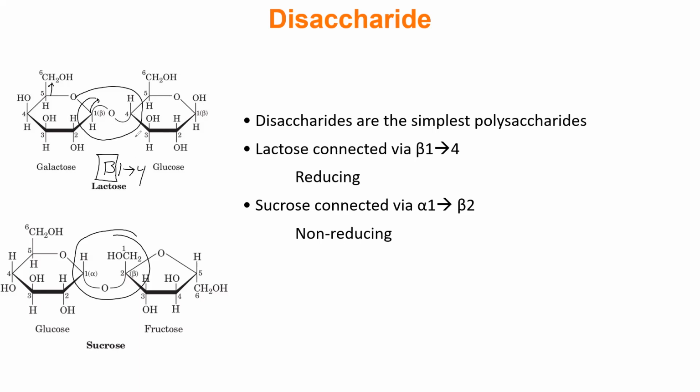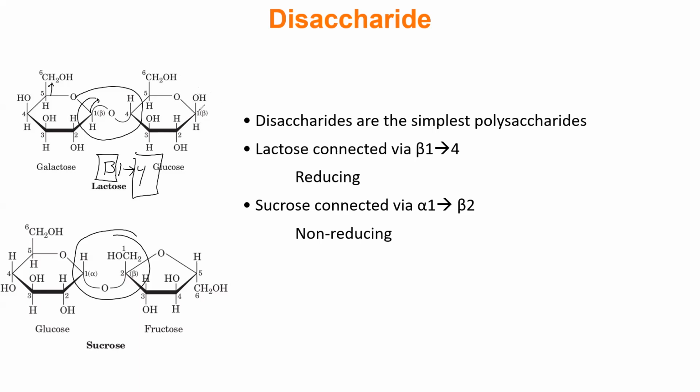Now, something that I see confused all the time when I ask questions on this on the exam. You only use alpha and beta if your anomeric carbon is part of this bond. Carbon 4 is not anomeric. So we do not say this is alpha or beta, right? Because this is a reducing sugar. Right now, this glucose is in the beta position. There's no reason why this sugar could not reopen up to be linear.